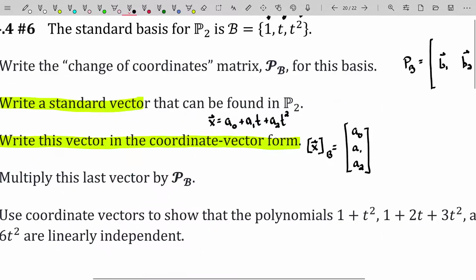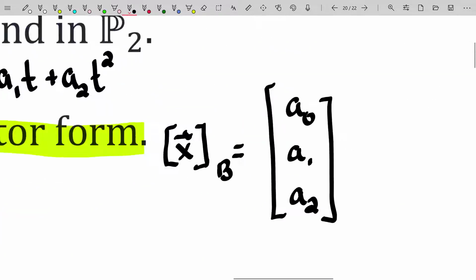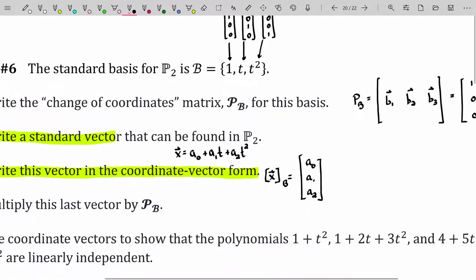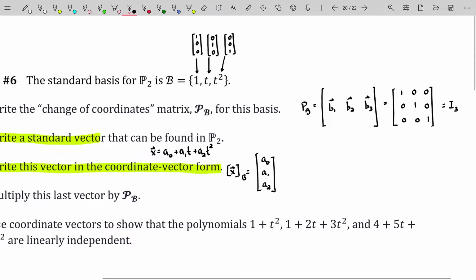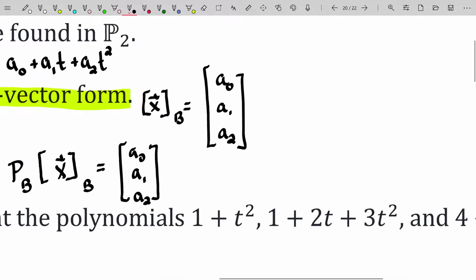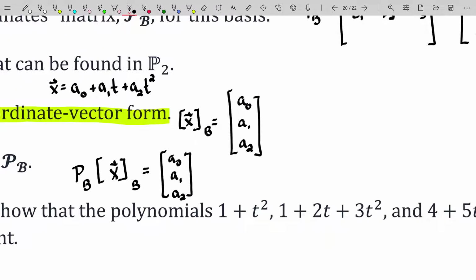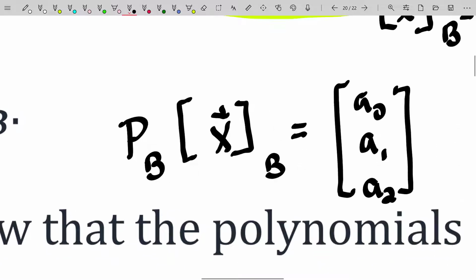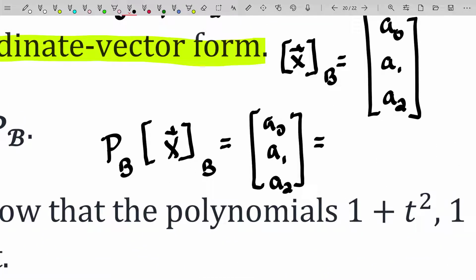Well, let's multiply that last vector, the B coordinate vector for x, by the change of coordinates matrix. Well, that's just the identity matrix up above. You can see it. So really, that product will just return a0, a1, a2. But remember, the change of coordinates matrix times the B coordinate vector will always return the vector x.